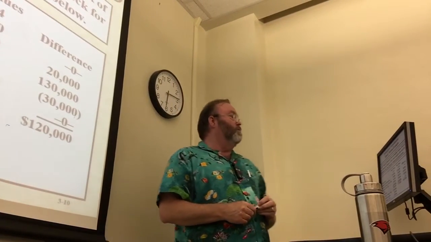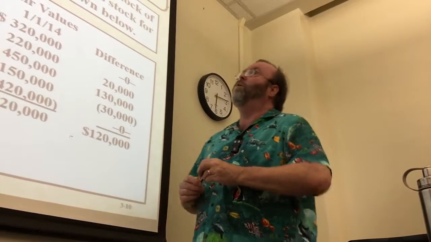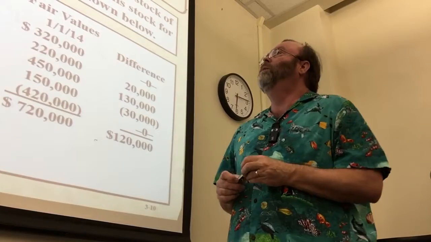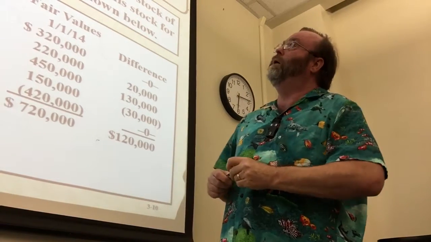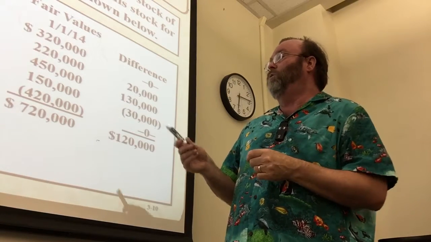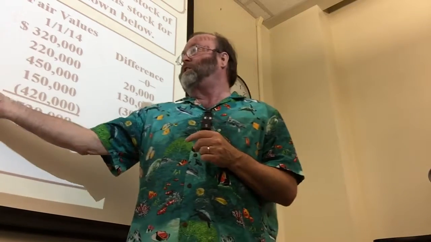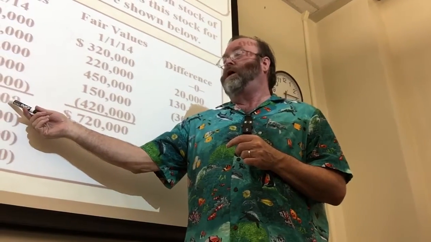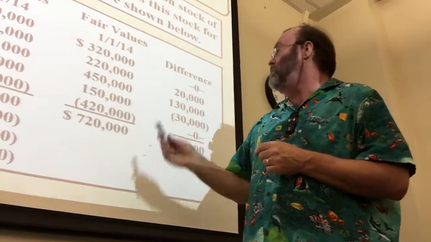All right, so we acquired Sun Company on January 1 for $800,000 in cash. And so the book value at the date of entry was $600,000. All right, the net book value. You paid $800,000.